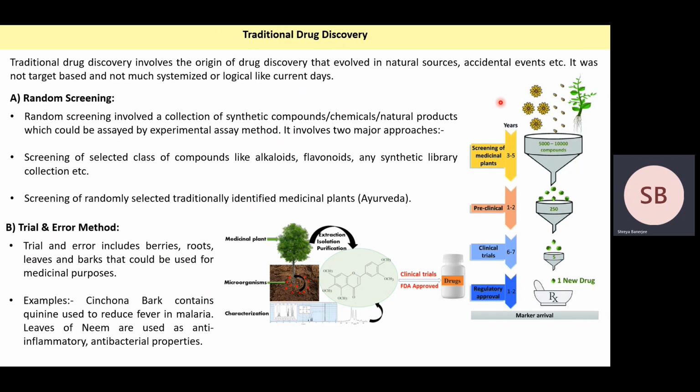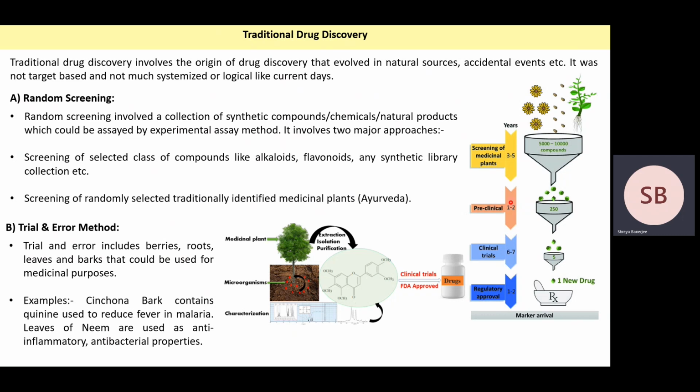So if you can see, what random screening does is that it will start with around 5,000 to 10,000 compounds, which may be common medicinal plants or selected classes of compounds which are known to have medicinal properties. After the initial screening is done, which takes 3 to 5 years, it is reduced to 250 compounds for preclinical trials.